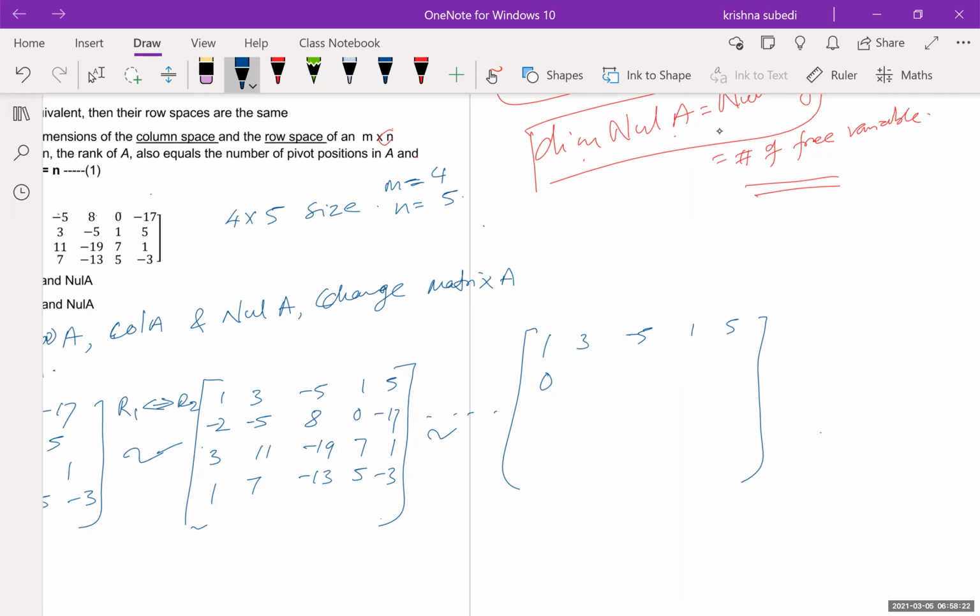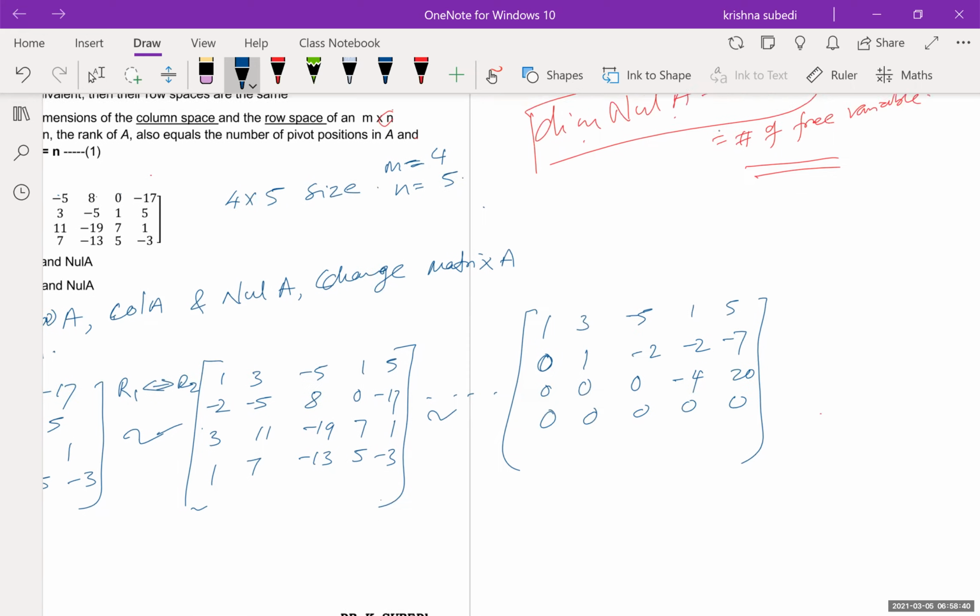Okay, this is what I got: 0, 1, -2, -2, -7; 0, 0, 0, -4, 20; and 0, 0, 0, 0, 0. This is the echelon form.